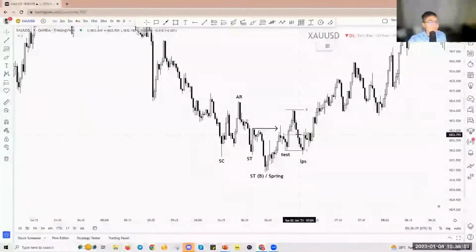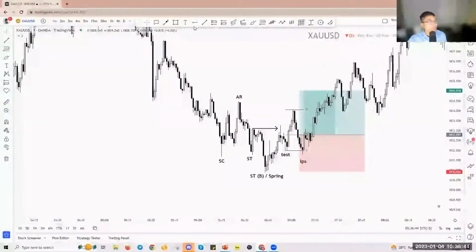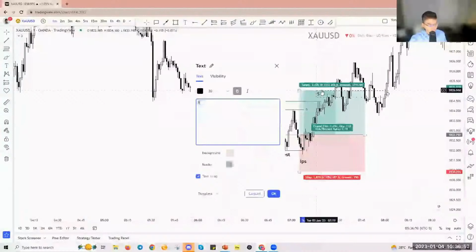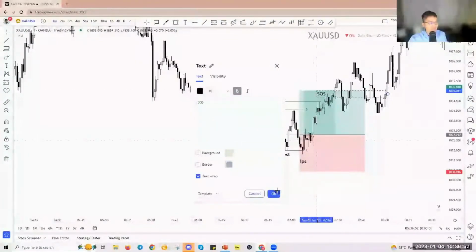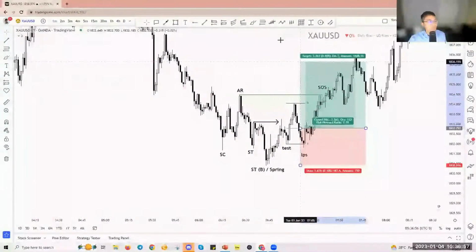Long it right here, stop loss below the STB and the spring. Your first take profit target, just remember, is here again. First take profit target. And then the SOSB forms, sign of strength, before price continues moving upwards.